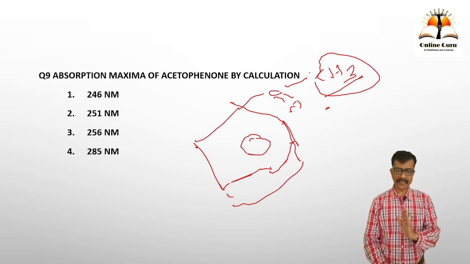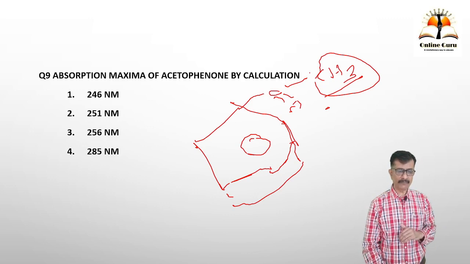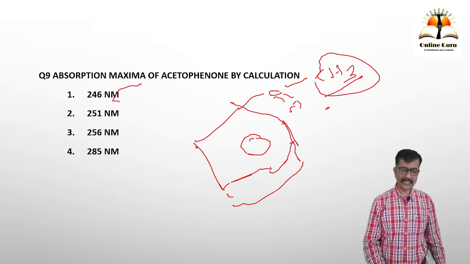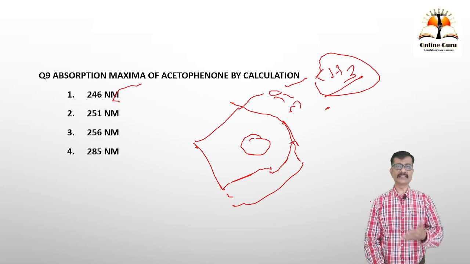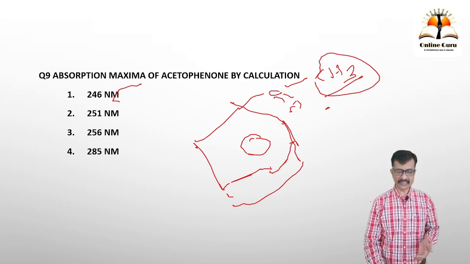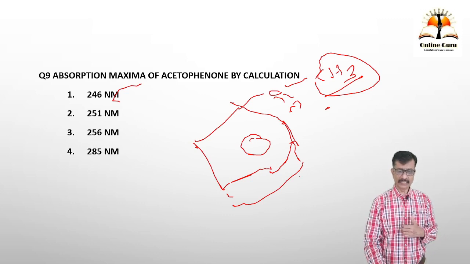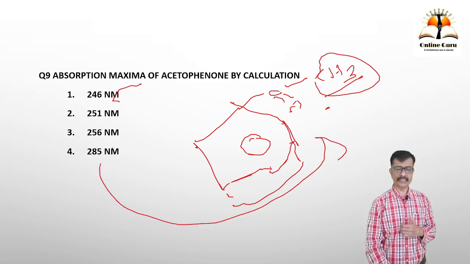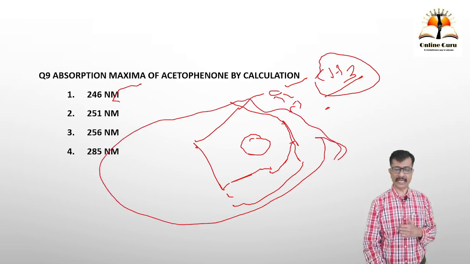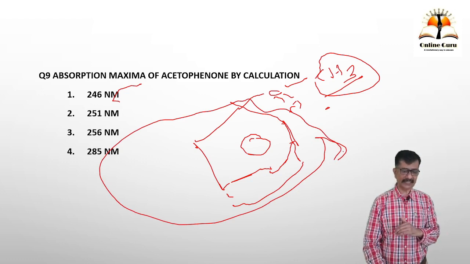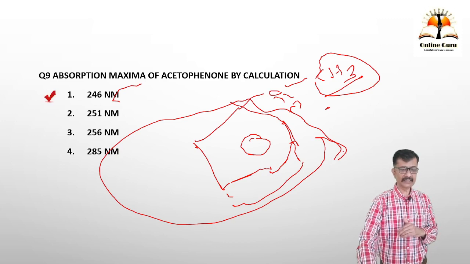The parent value for an aromatic ketone is 246 nanometers. Now in an aromatic system, what we have to see is the substitution on ortho, meta and para positions. In this particular structure, there is no substitution at ortho, meta and para. So there is only the basic value, that is 246. So here the answer is 246.